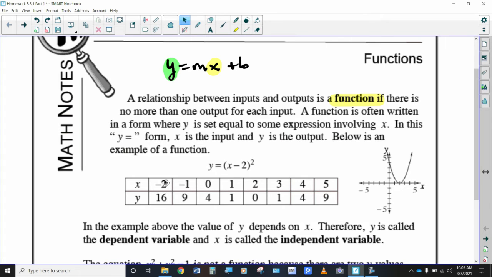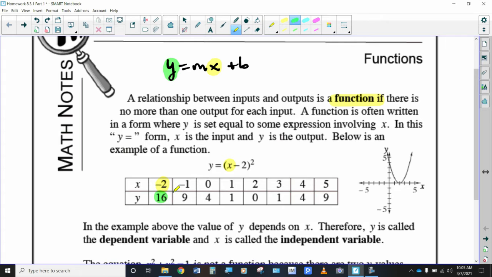So when you plug in a value for x, like -2, into this equation, -2 minus 2 is -4, and -4 squared gives you positive 16. Every time you plug in an input into this rule, you will get exactly this output. If you ever put a -2 into this rule and you don't get a 16, something is wrong.